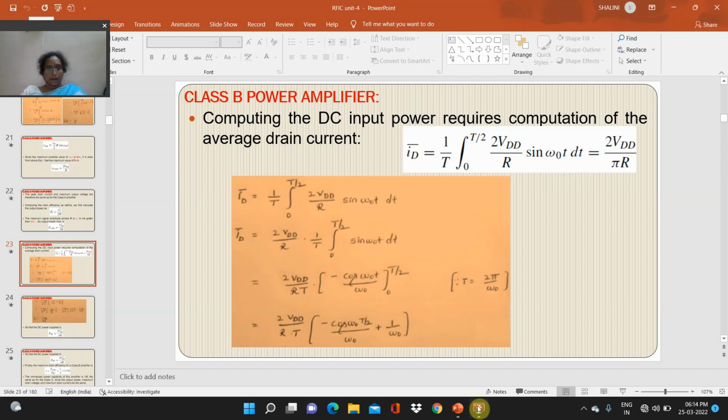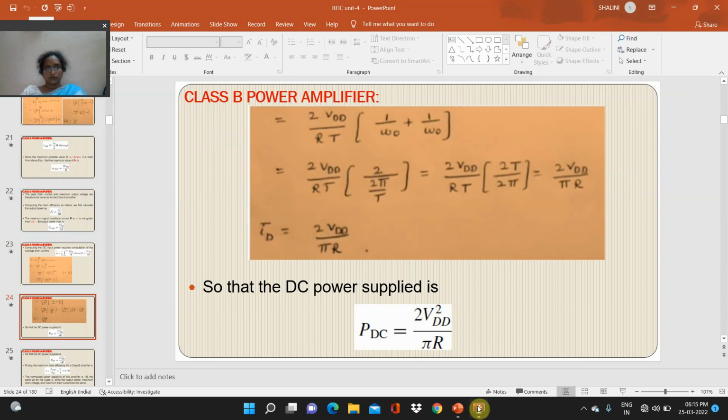The limits are applied. 2 VDD by RT, minus cos of omega naught T by 2 by omega naught plus 1 by omega naught, is equal to 2 VDD by RT, 1 by omega naught plus 1 by omega naught, that is equal to 2 VDD by RT, 2 by 2 pi by T, which is equal to 2 VDD by RT into 2T by 2 pi, that is 2 by pi into VDD by R. Then ID bar is equal to 2 VDD by pi R. So the DC power supplied is PDC is equal to 2 V square DD by pi R.